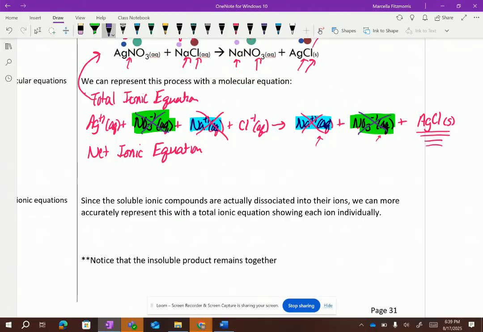It's also a spectator. So the real thing that changed here was what was left over. Ag+1 that was aqueous reacted with Cl -1 that was aqueous, and it formed AgCl that's a solid. That is where the chemical change occurred. Okay.